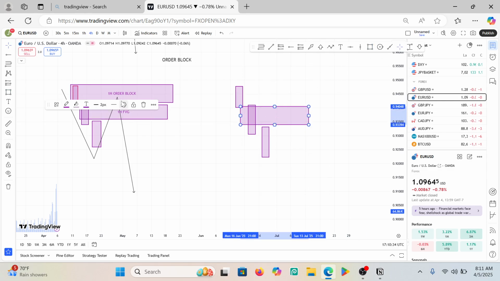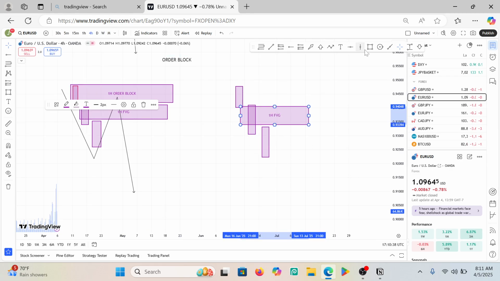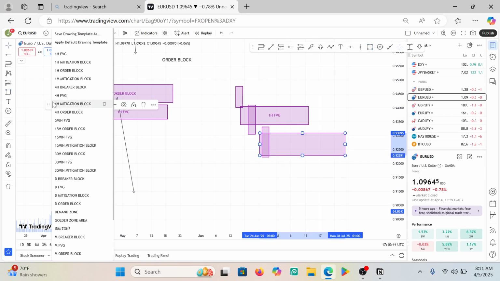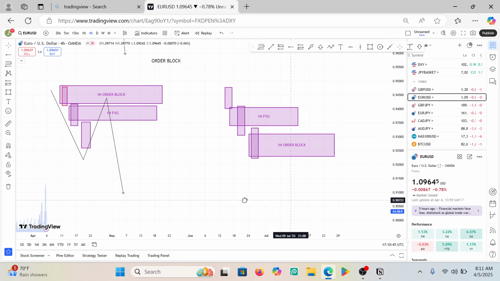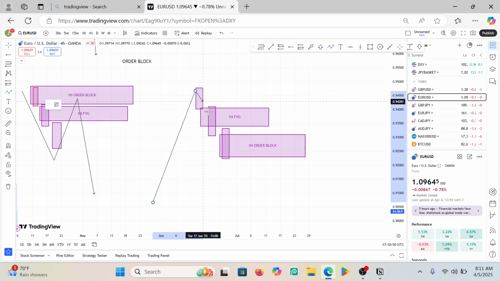But this is just a demonstration. I need to draw it well so that you can see.